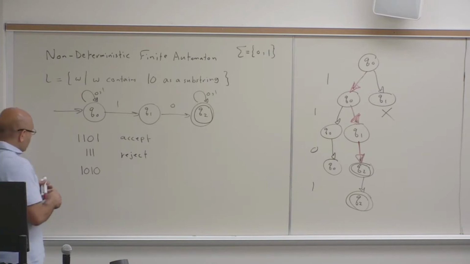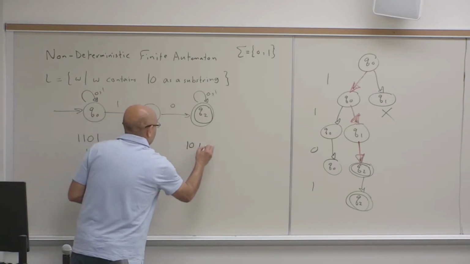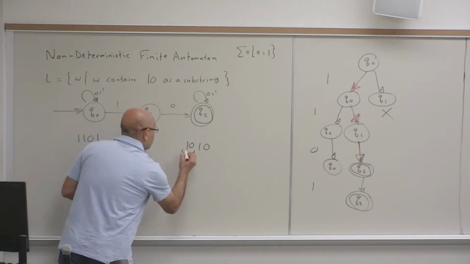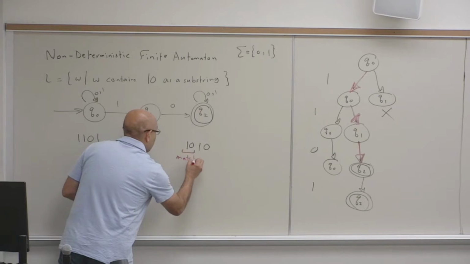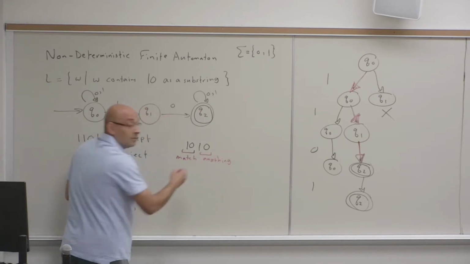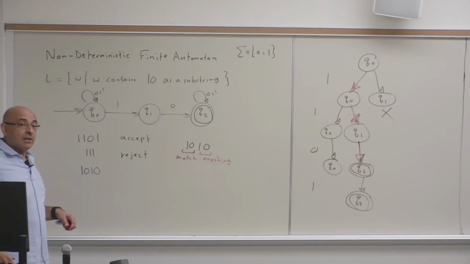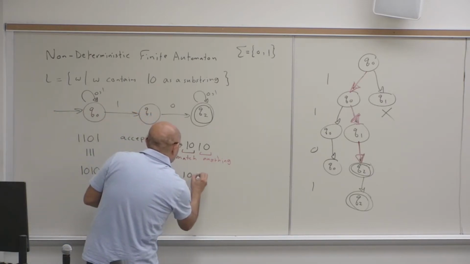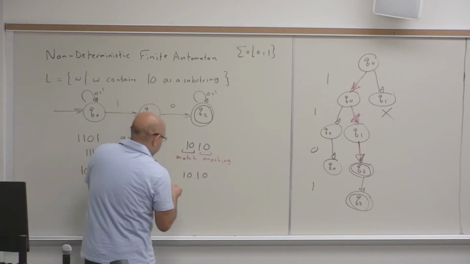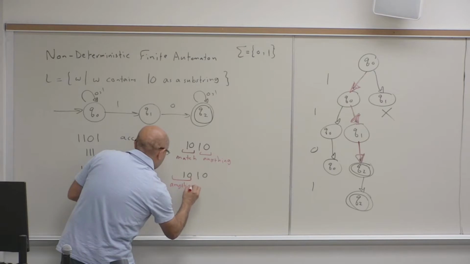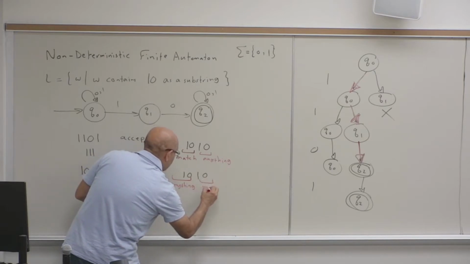So basically, you have two options. With 1, 0, 1, 0, you can either think of this as the match and this as anything, or you can think of it the other way around, this is the anything and this is the match.